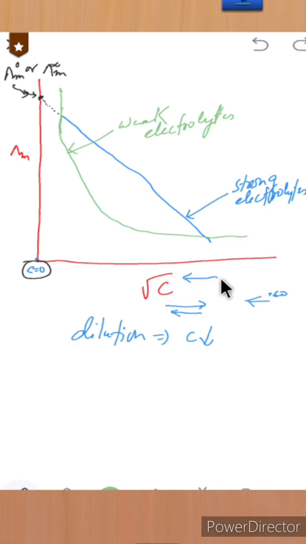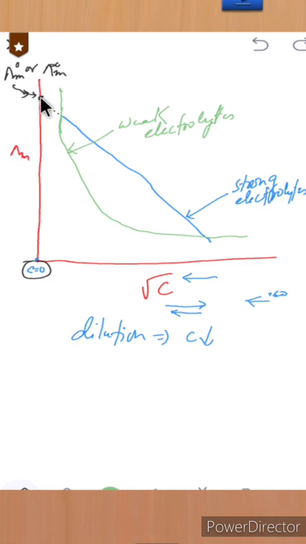When the concentration decreases, the molar conductivity of strong electrolyte increases linearly. This straight line is from that Onsager equation. When we extrapolate this up to the lambda m axis, we are going to get the value of lambda m naught or lambda m infinity, because this is at infinite dilution.